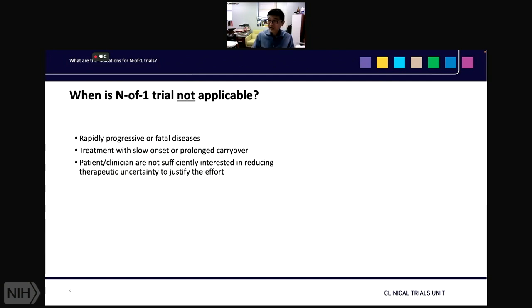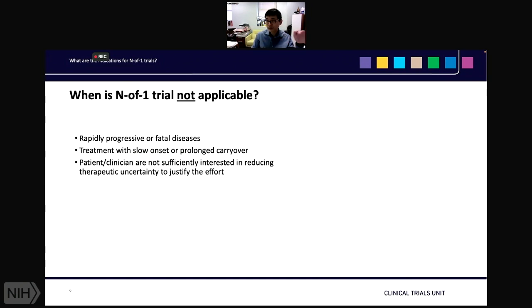So quickly, a list of indications for which N-of-1 trials are not applicable. N-of-1 trial is not applicable when we have a disease that is rapidly progressive or rapidly fatal. Again, because the idea of N-of-1 is that we're going to treat the patient in a multiple crossover design.